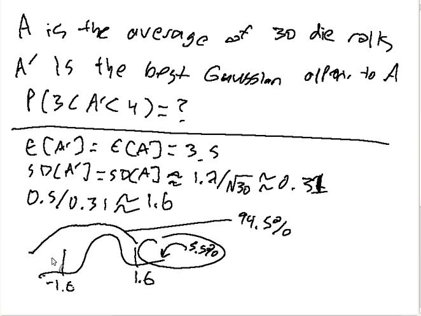And symmetrically, 5.5% of the time, it falls below 1.6 standard deviations below the mean. So overall, about 11% of the time, it falls outside 1.6 standard deviations from the mean, which means about 89% of the time, it falls within 1.6 standard deviations of the mean. So our answer is approximately 89%.